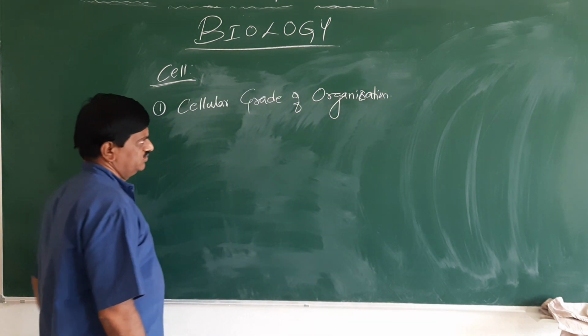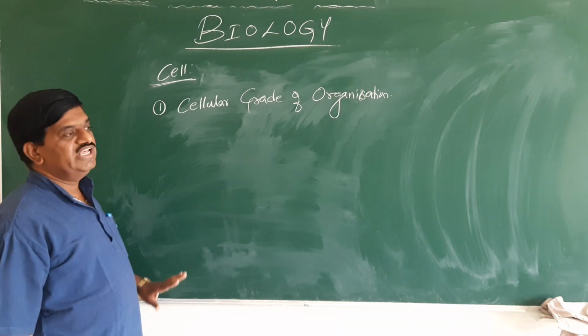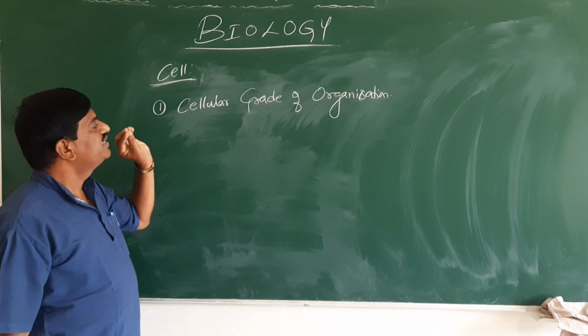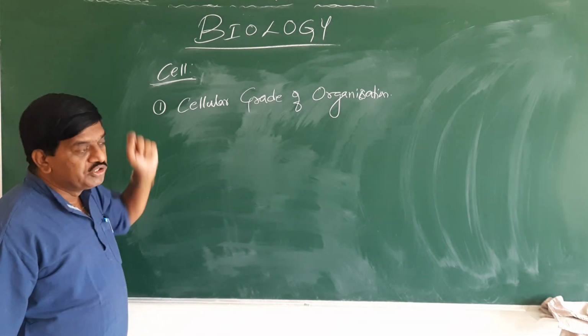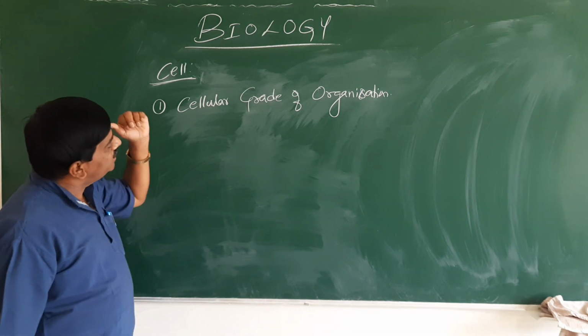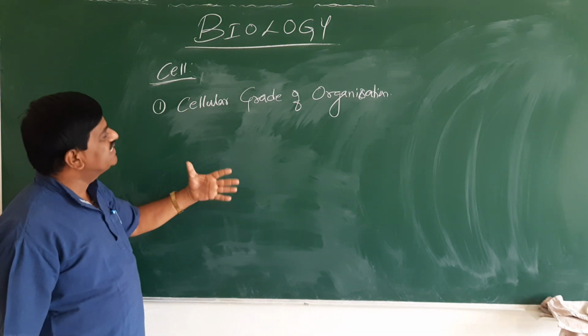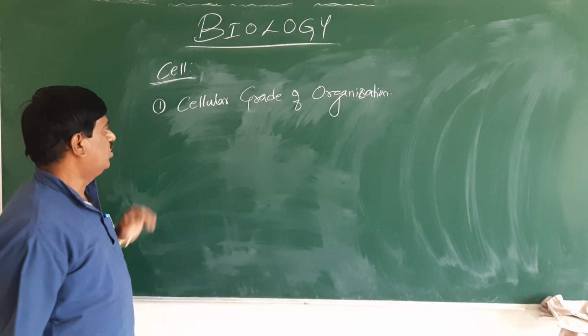The cellular grade of organization means an organism is made up of only cells. Here the cells form a group of cells, but never form a tissue. Many cells are there, but still we use the word cellular grade of organization.